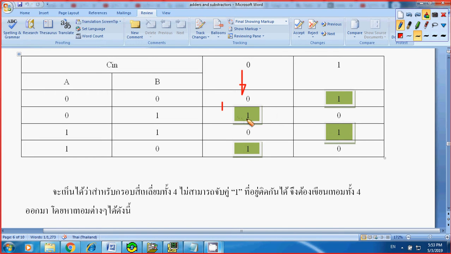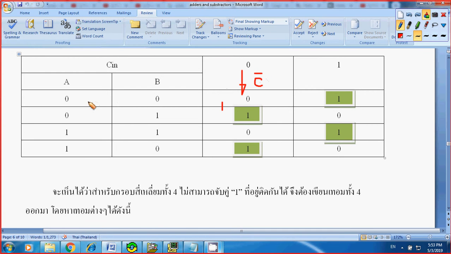You can see that it doesn't move or extend anywhere. So this one, your sum 1, has to be in terms of Cin, A and B. You can start writing this one. Okay, your Cin is 0, so you have to put Cin bar.